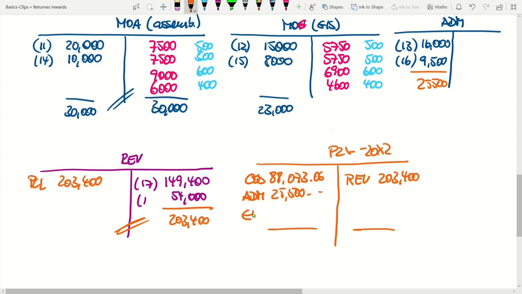So the earnings before taxation will give me 89,826.94.